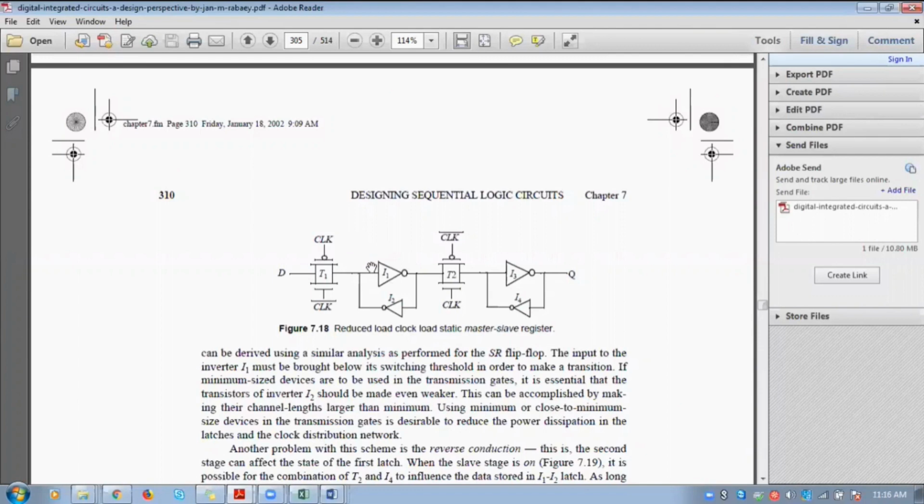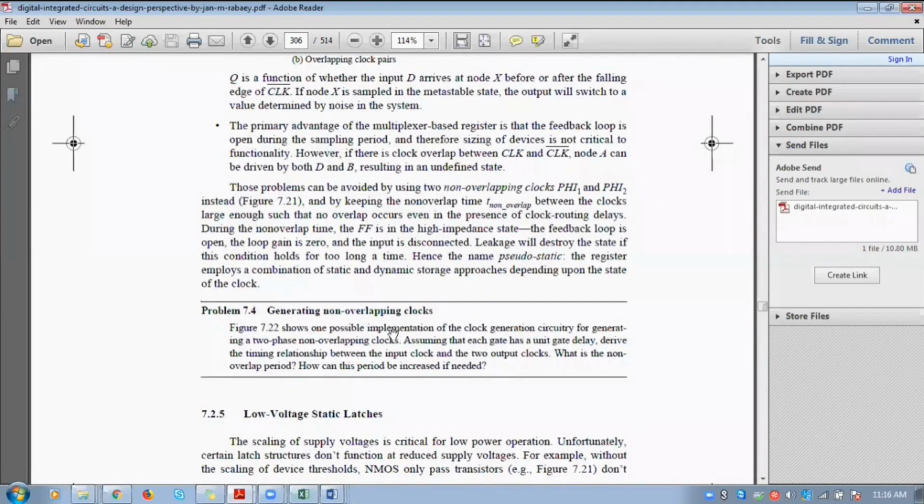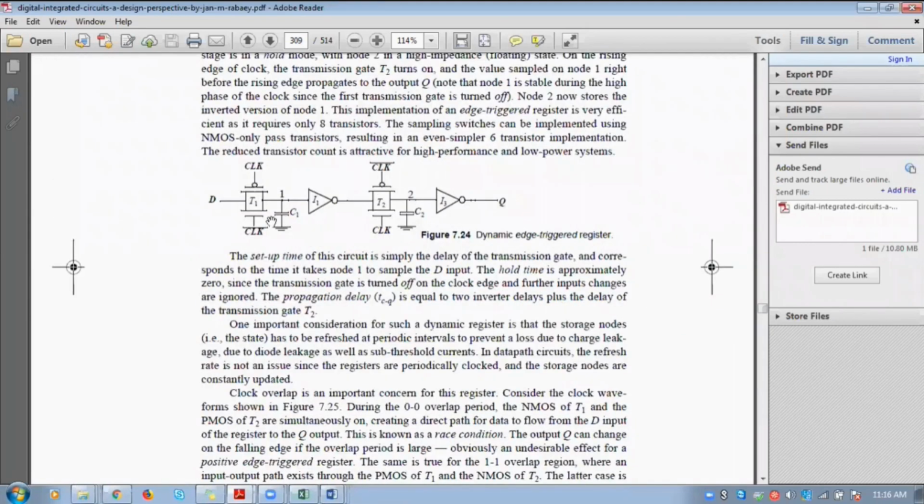So in the case of dynamic latches, by replacing this feedback inverter, I am going to insert one capacitor for that particular storage. This is the modification what we are doing. So here in the hold mode, the storing of logic 0 or logic 1 will be taken care of by this particular capacitor in each stage.